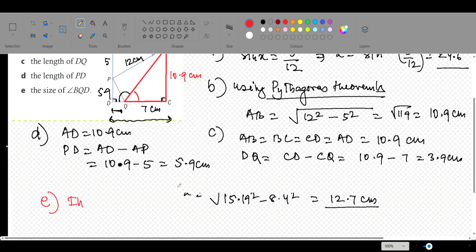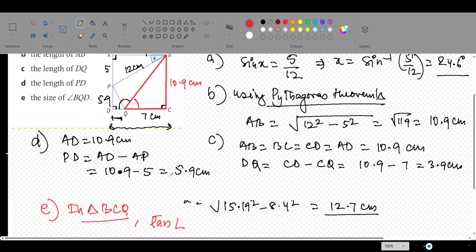So in triangle BCQ, I'll use tan BQC, opposite upon adjacent, 10.9 upon 7.